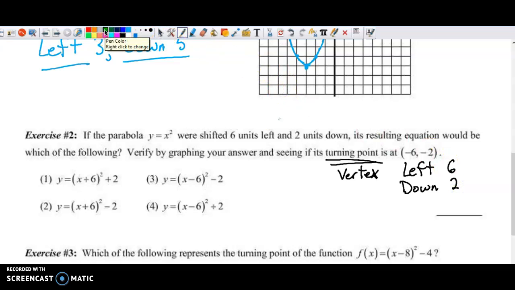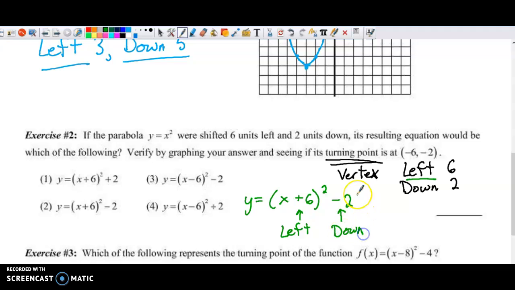Yes, you could use a graphing calculator to verify, but in order to move left, we need to add inside. So that's how we get to the left, adding inside, and then down has to be minus on the outside. So on the outside is up and down, and on the inside is left and right. As you look at all of your options, I believe it's option 2.